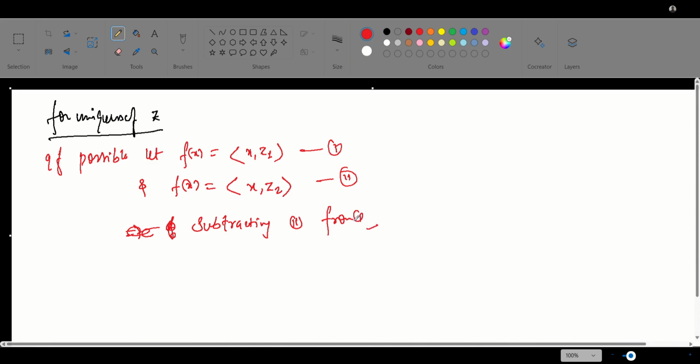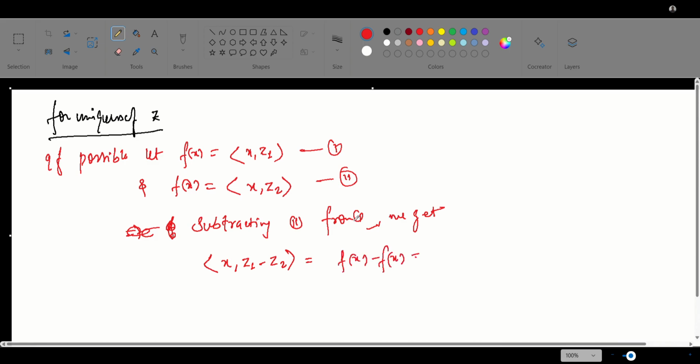So what will we get? Then we get nothing but x comma z1 minus z2, that will be equal to f of x minus f of x.